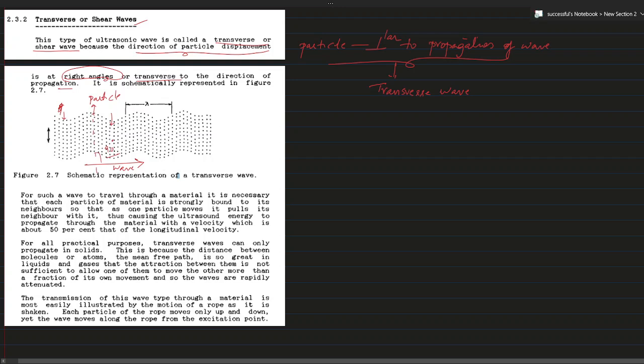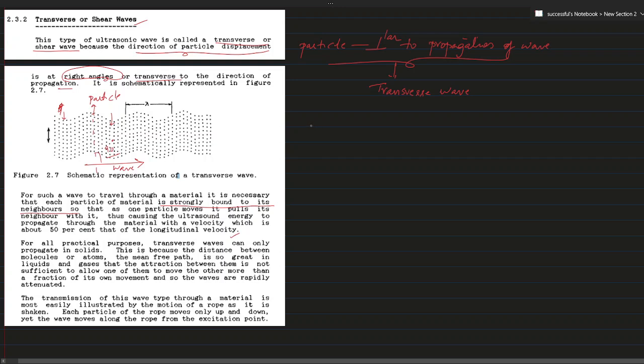For such a wave to travel through a material, it is necessary that each particle of the material is strongly bound to its neighbors, so that as one particle moves, it pulls its neighbor with it, thus causing the ultrasound energy to propagate through the material with a velocity which is about 50% that of longitudinal velocity.